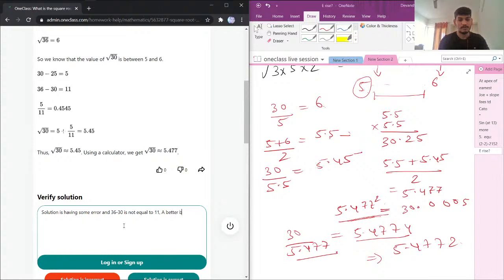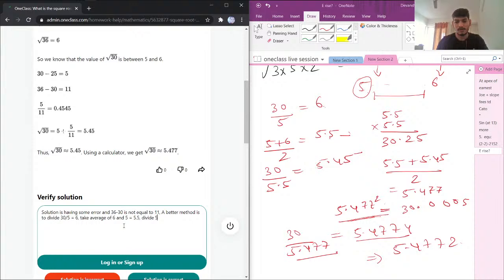A better method is to divide 30 by 5, which is equal to 6. Take the average of 6 and 5, which is equal to 5.5.